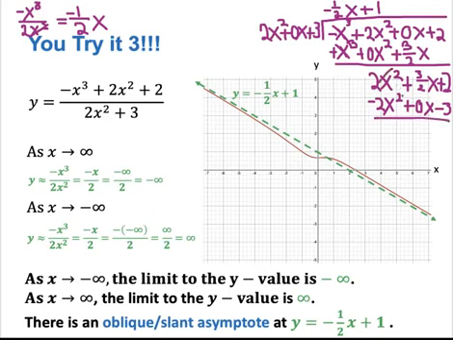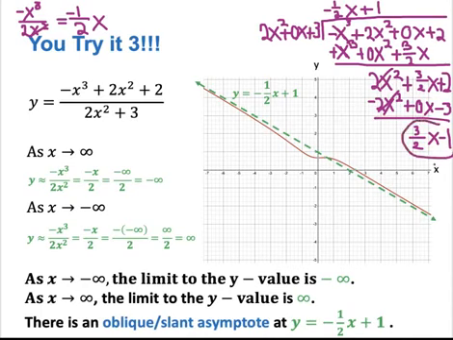So these are going to cancel here, the 2x squareds. And we have 3 halves x minus 1. So this is a smaller power or a lower power than what we have over here. This is an x to the 1. This is x squared. So this is actually our remainder right here.